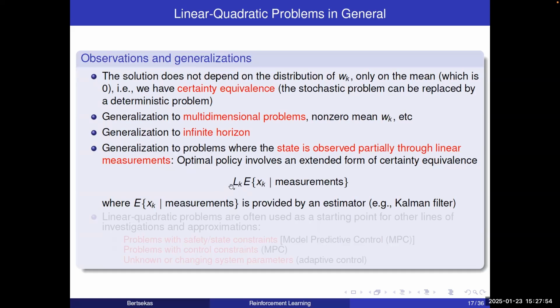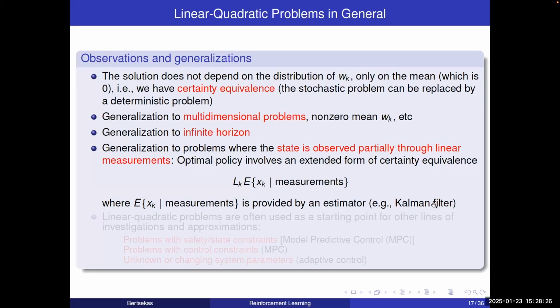The optimal policy is this: apply control that's linear, uses the same linear cost coefficient as the deterministic version, but multiplies not the state, which we do not know, but rather the expected value of the state given the measurements. Now, this expected value is provided by what's called an estimator. And in the case of a linear quadratic problem, this estimator is called a Kalman filter.